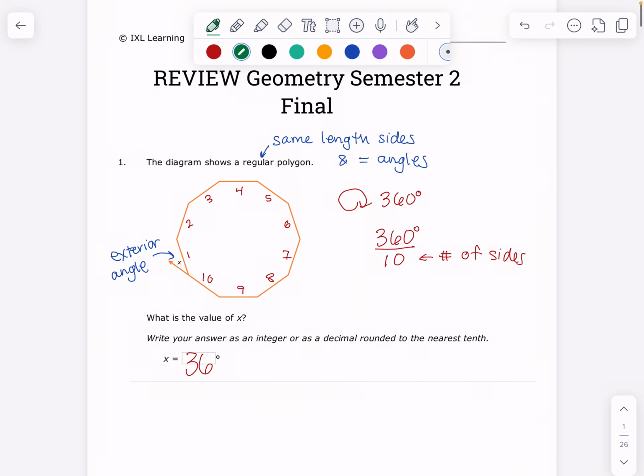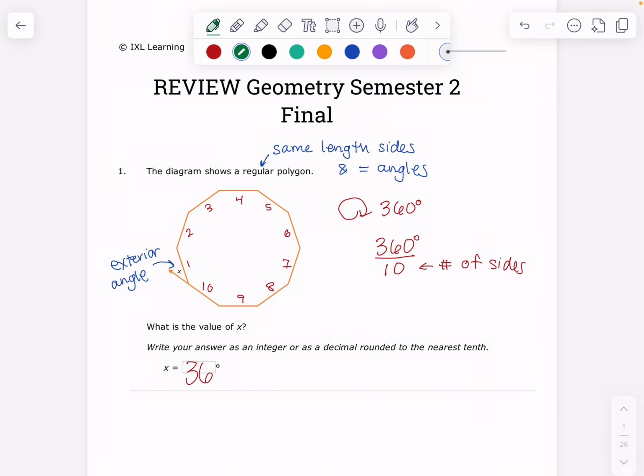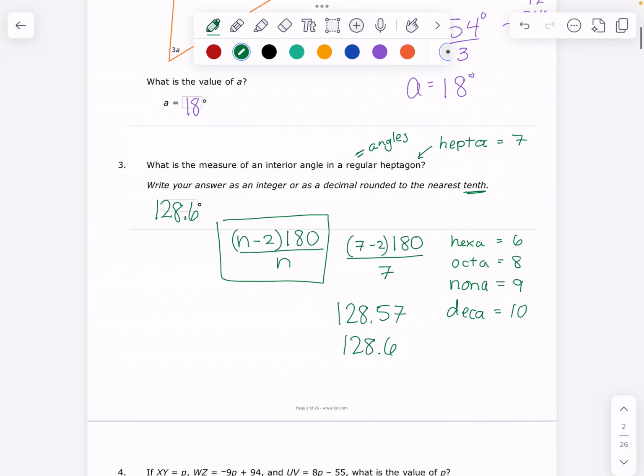What else do we need to know? Exterior angles add to 360. And then you just divide it by the number of sides. So 360 by the number of sides. Okay. All right.